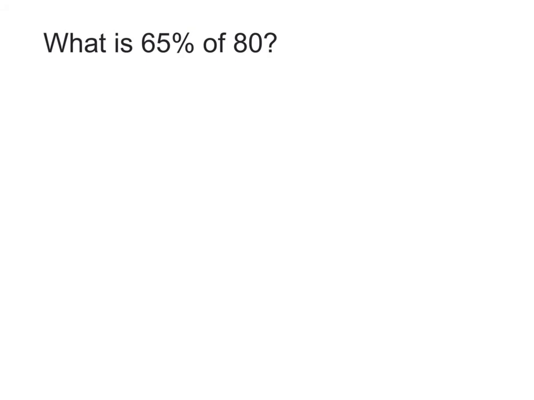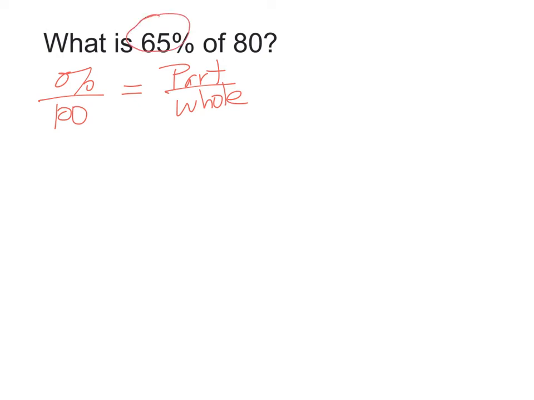Remember that we are going to use the universal percent proportion. Percent over 100 equals part over whole. The percent is always the easiest thing to find. It's got the percent sign right behind it. 65%. So 65 over 100. The whole is always after the of.